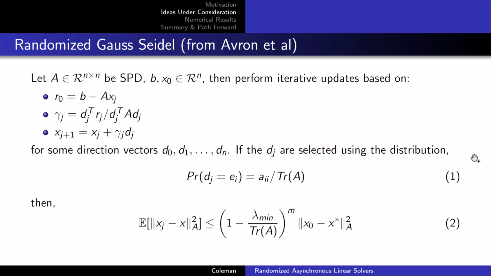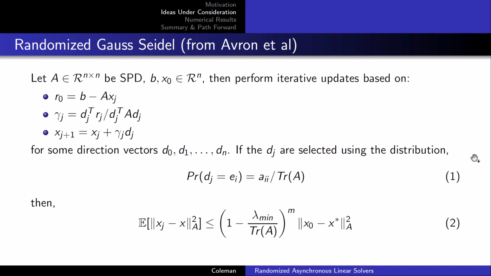Historically, in the very traditional Jacobi and Gauss-Seidel, those direction vectors are just taken to be the coordinate directions, so your x-axis, your y-axis, and so on and so forth. Those are traditionally denoted e sub i. So in this setup, we're going to take our direction vectors to be our coordinate directions with some probability.